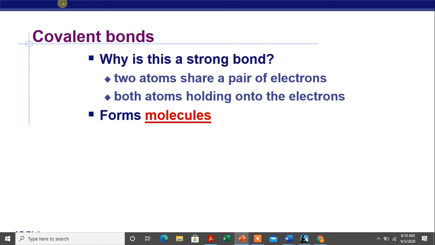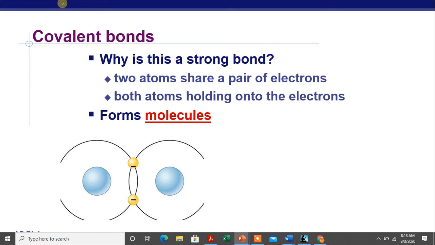Covalent bonds form molecules, so combinations of elements that are stable. So again, here's this picture. That is a covalent bond. Both of these atoms are sharing these electrons right here. They're in between both, they're being shared.